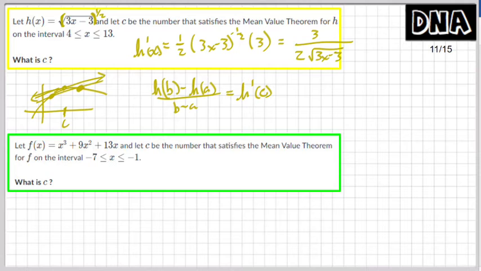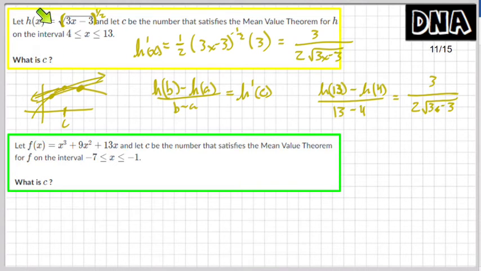Okay, so we have h of 13 minus h of 4 all over 13 minus 4 equals 3 over 2 square root of 3c minus 3. Now, I did change the x to the c because it identified the x value to be c. And I want you guys to get used to that. I want you to be used to that the x is c. Okay? All right, so I'm solving for c.